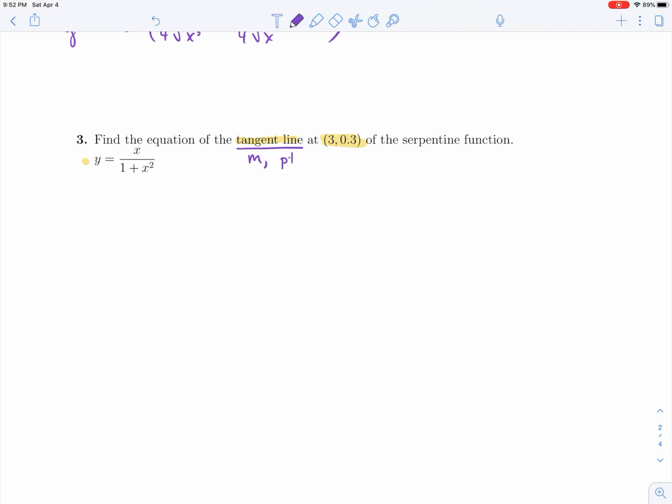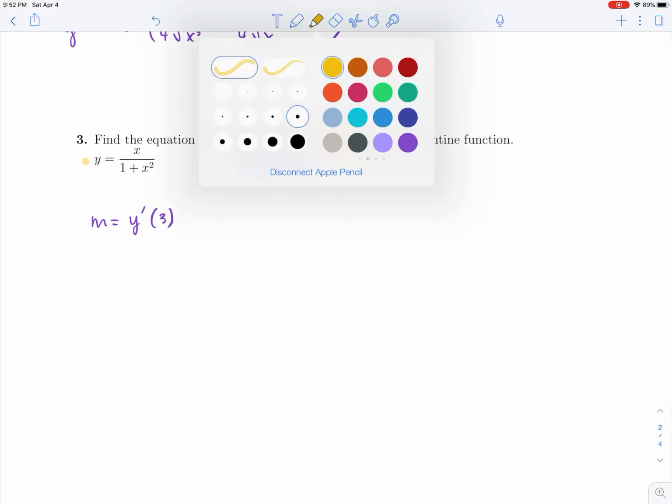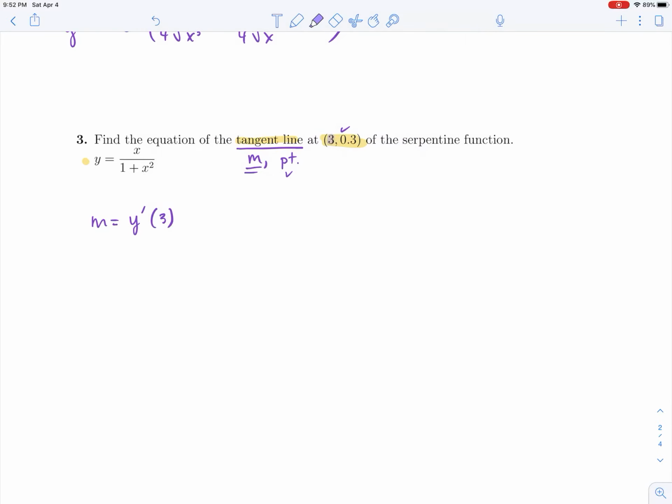Okay, so in order to find the tangent line, we're going to need a slope and a point. So we have the point, and we're going to get the slope by taking the derivative of our function and evaluating it at x equals 3, because that is the x value.